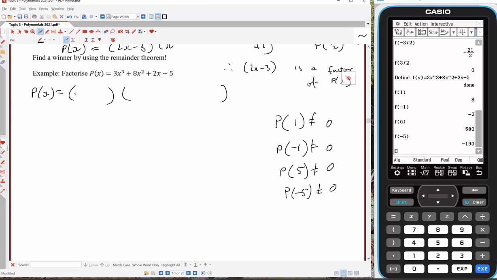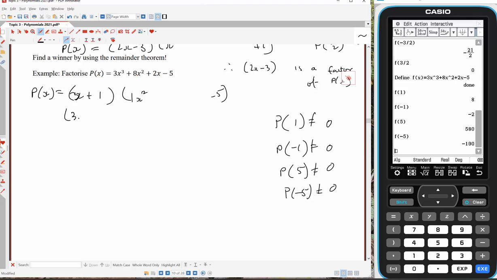So it can't be just x by itself and x squared here. What we're going to do is note that this one is going to be the 3x, and this has to be the 1, because when I put it into the function to test the remainder, it has to be a fraction. So that could be 3x plus 1, which would mean that's negative 5.